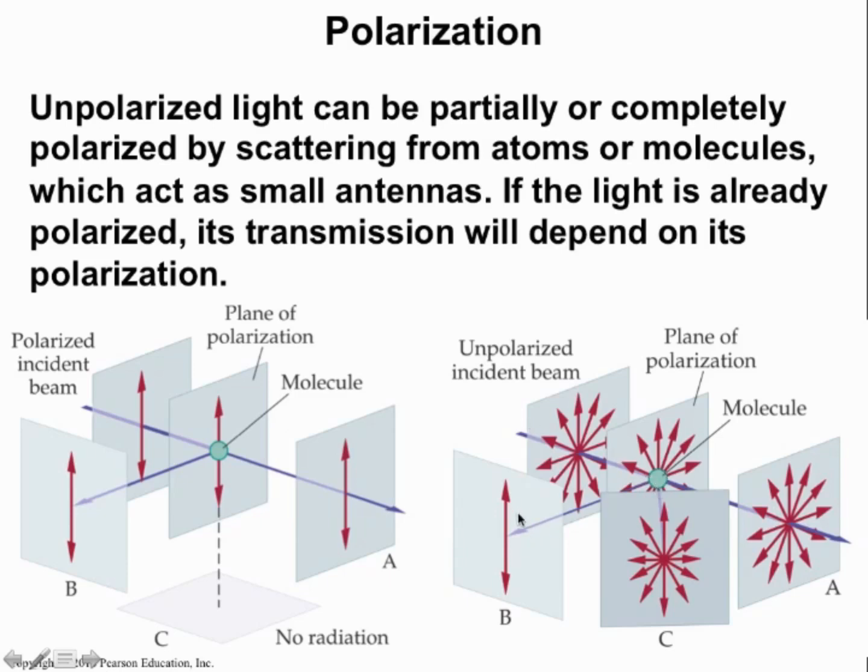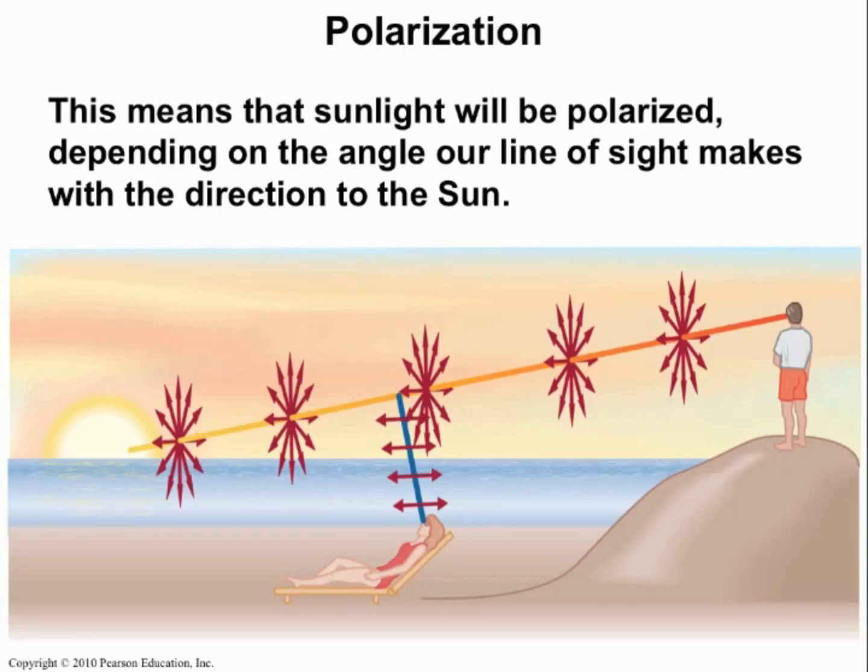And then that small portion of light that is polarized will hit other molecules, almost like a chain reaction. And every molecule that it hits is also going to scatter polarized light. So the blue light that we see is partially polarized naturally in the atmosphere. This means that sunlight will be polarized depending on the angle our line of sight makes with the direction to the sun.